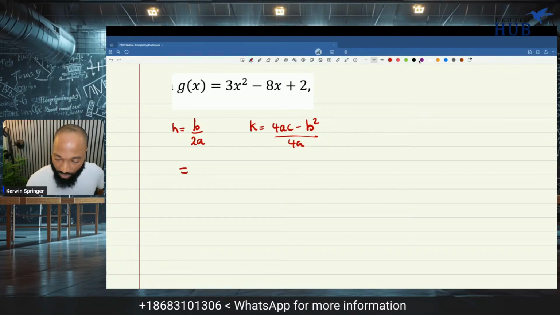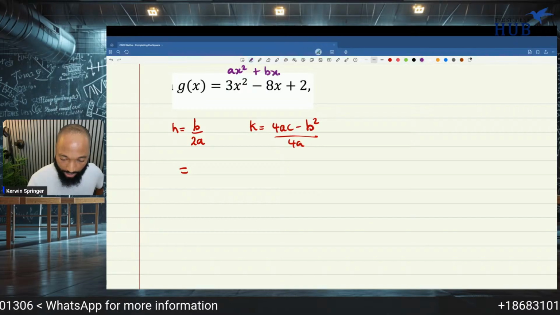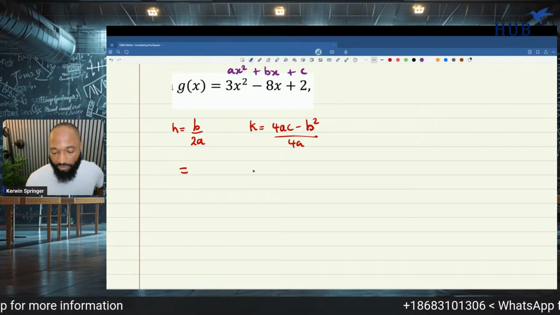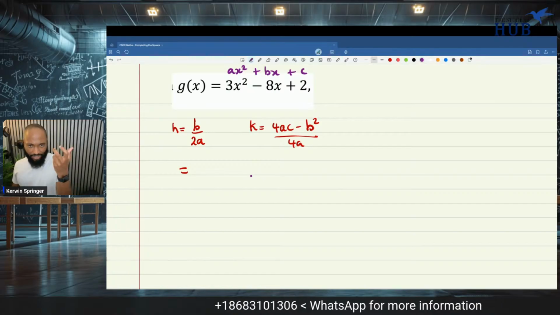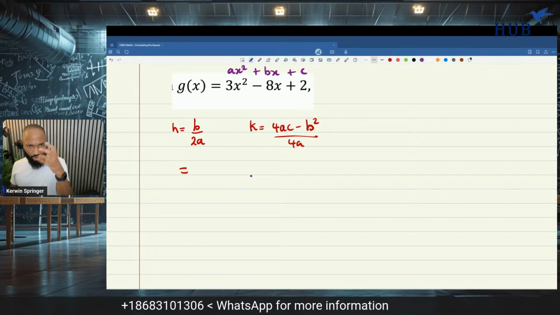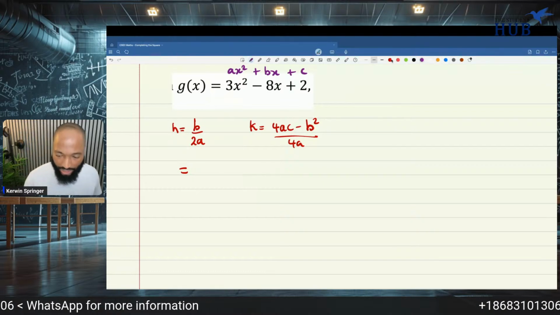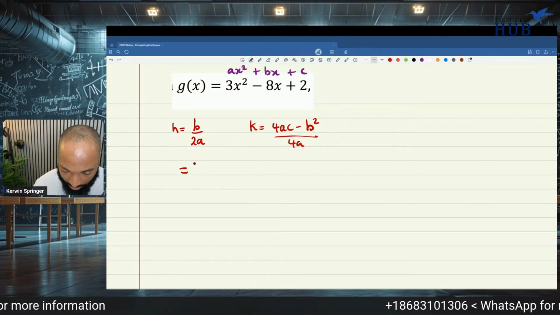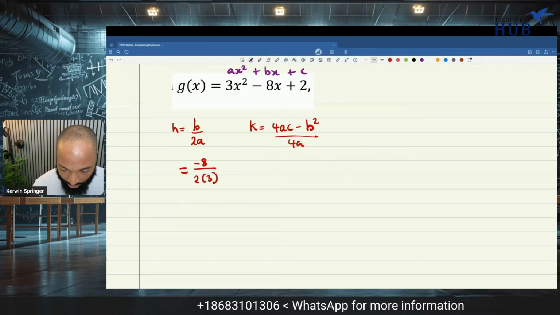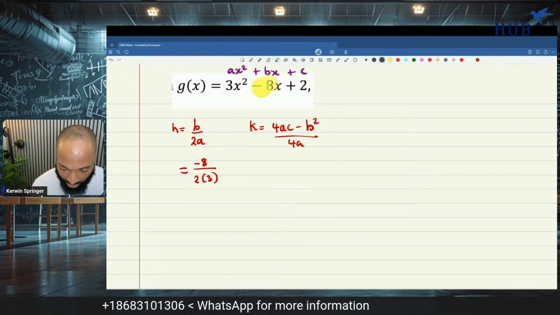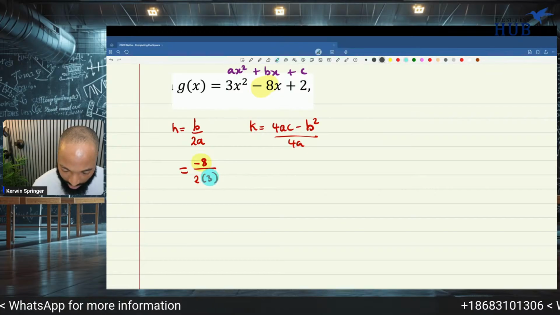Now, this is in the form ax squared plus bx plus c. From this, we can see h can be read as negative 8 over 2 times 3. Are we seeing that, class? I'm substituting these right there.